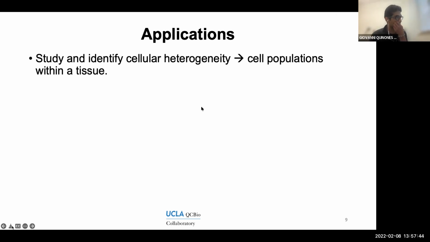Yeah, let's carry on. So some of the applications of this type of technology is to study and identify cellular heterogeneity. This means to identify the different cell types, cell populations within tissue. To discover new cell types.